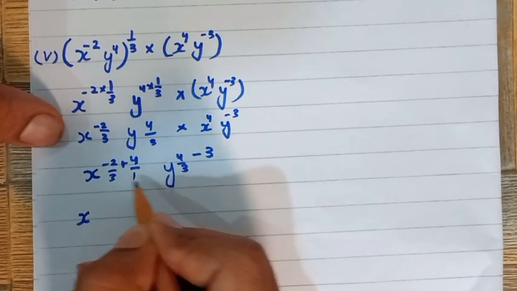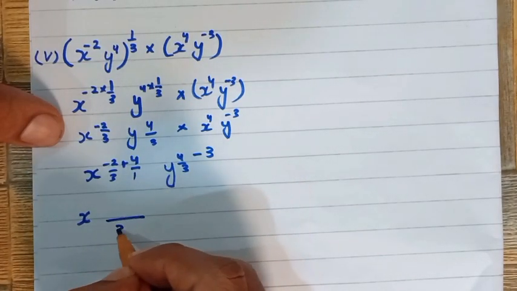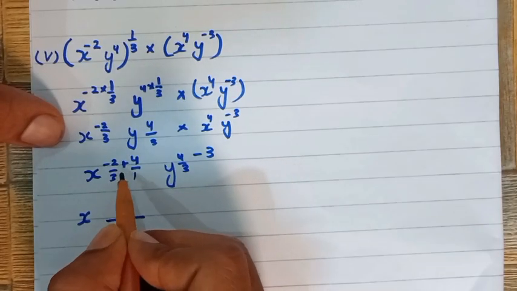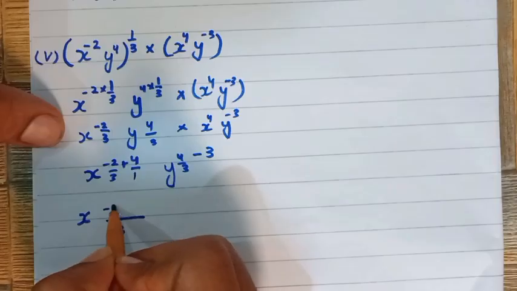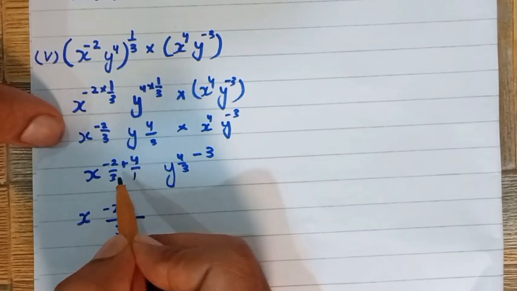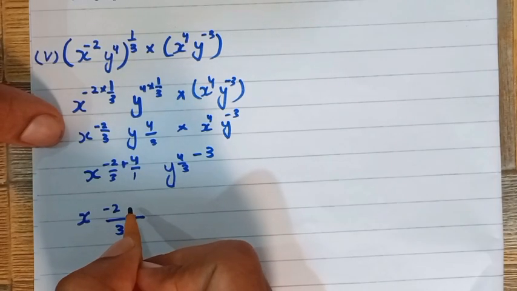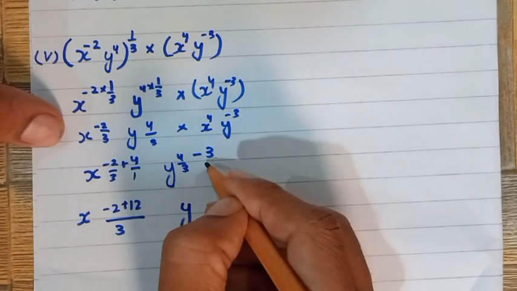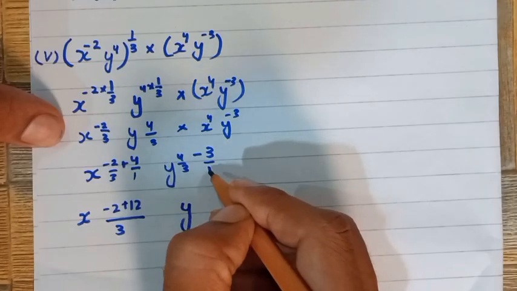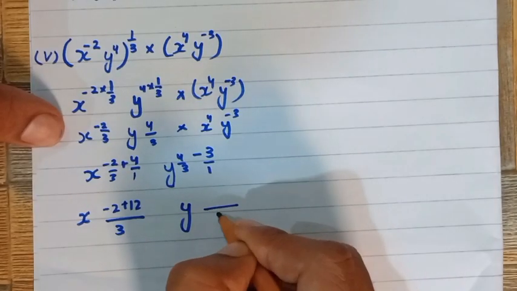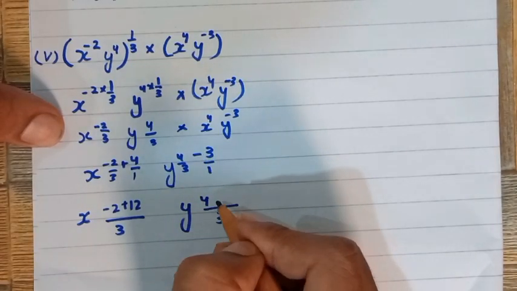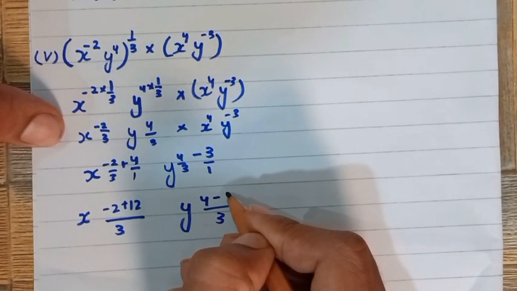The LCM of 3 and 1 will be 3. 1 times 2 is 2, this will be minus 2, and 3 multiplied by 4 will be 12, this will be plus 12. For y, here also I will take the LCM of 3 and 1, which is 3. 1 times 4, and 3 multiplied by 3 is 9.